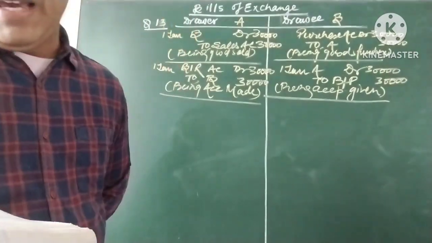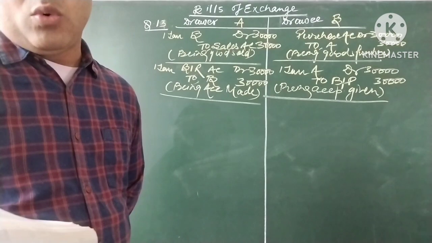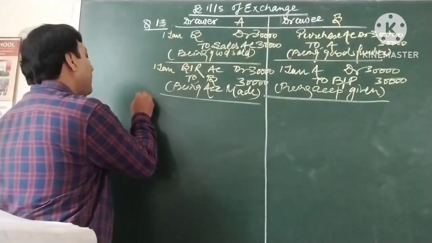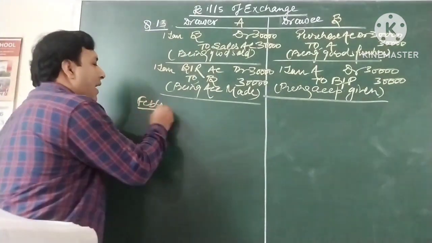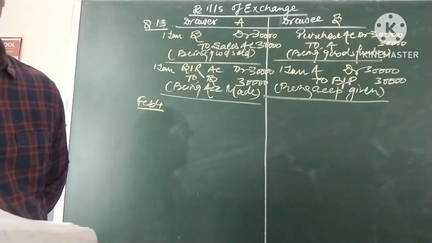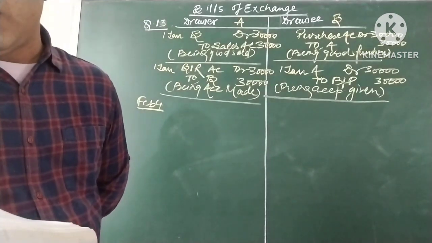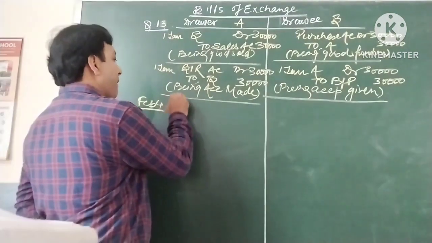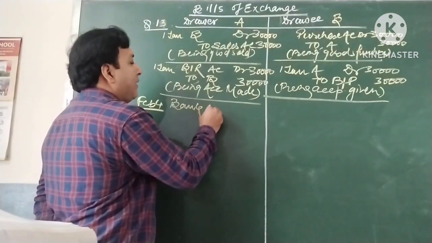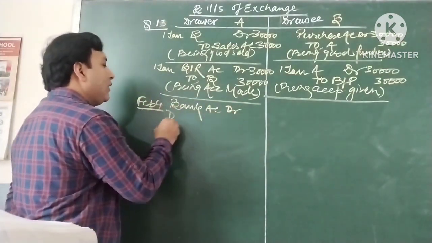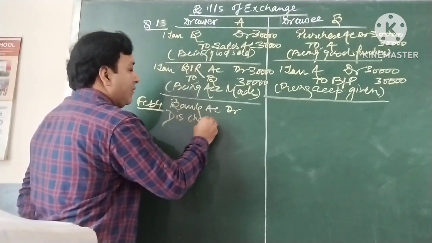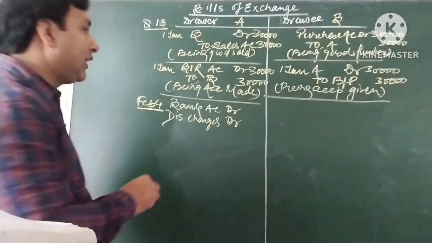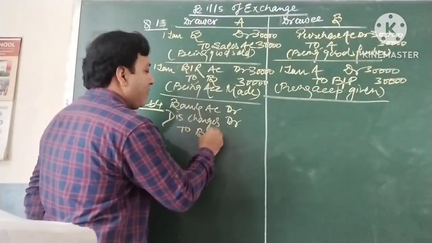When B accepts it and returns it to A, who discounts it, you have to write here on 4th Feb: bank account debit, discounting charges debit, and to what? Bills receivable.